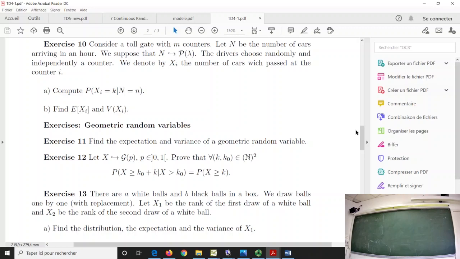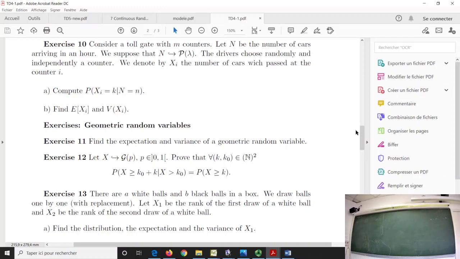So what is my situation? One car arrives, it chooses or not. Another car arrives, it chooses or not. A third arrives, it chooses or not.